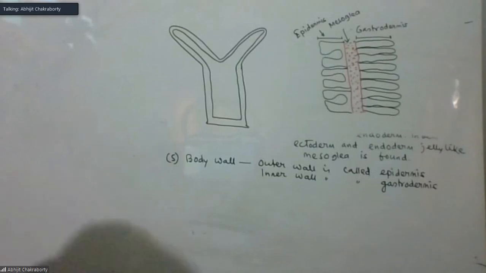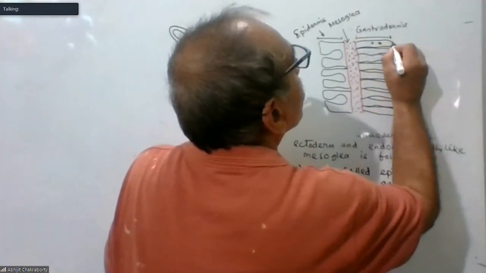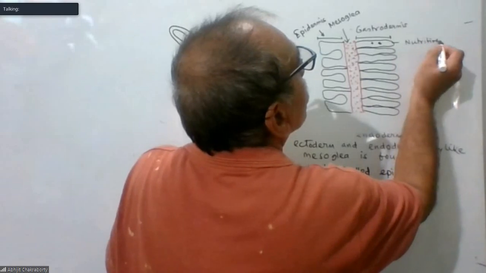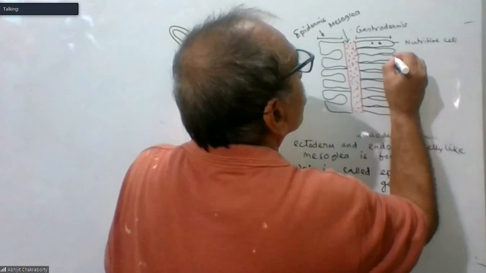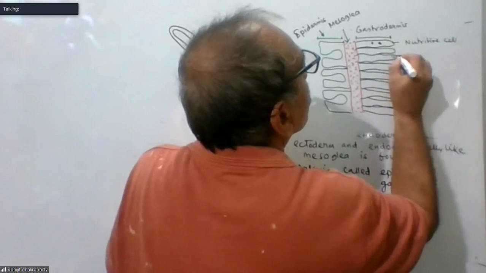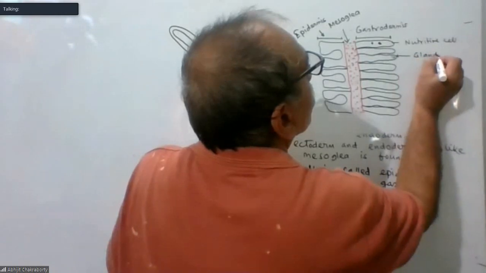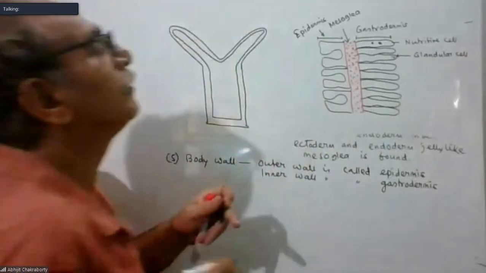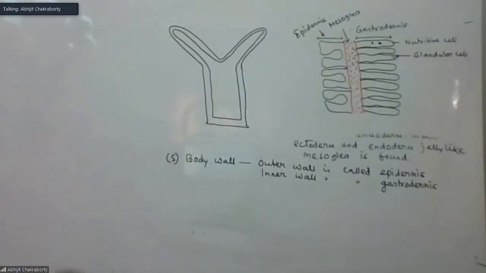So here you will get two types of cells generally found, nutritive cell and glandular cell.